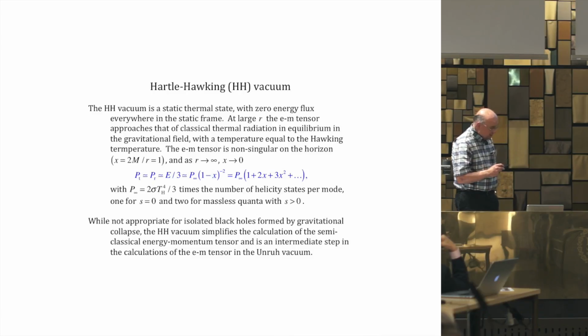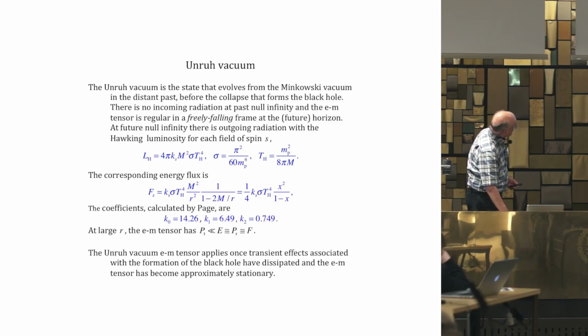I really want to consider the Unruh vacuum, but the way the calculations were done for the Unruh vacuum was to first do them in the Hartle-Hawking vacuum, which is somewhat simpler, and then calculate the difference of the energy tensor between the Unruh and the Hartle-Hawking vacuum, which is a lot easier than calculating the Unruh vacuum itself. So that's the way the calculations are done and the results are presented, so we have to consider both.